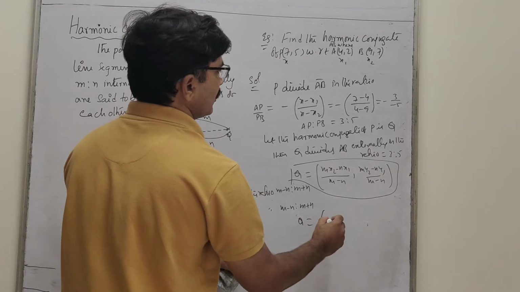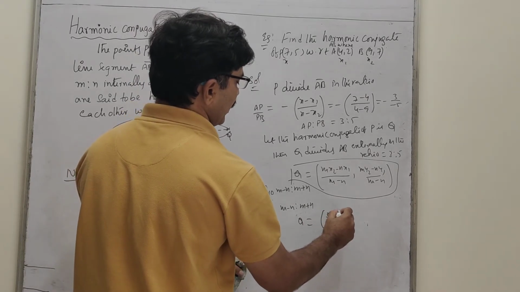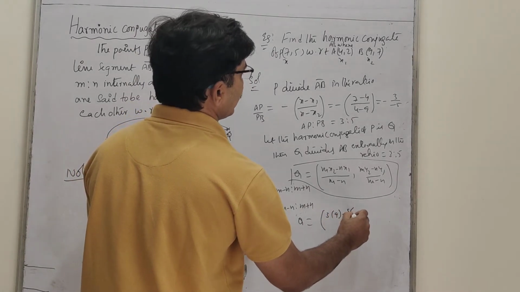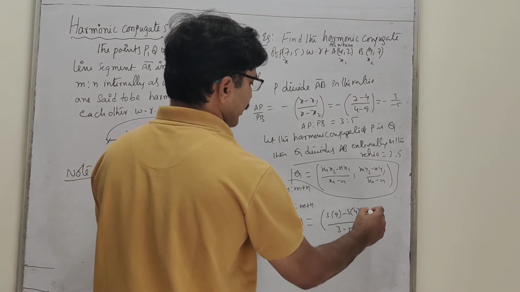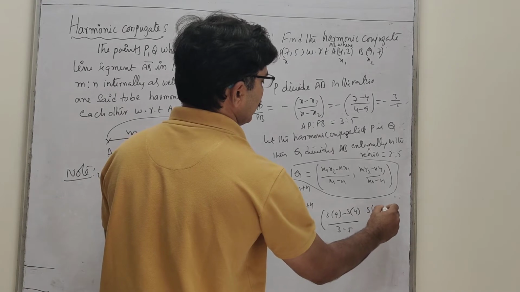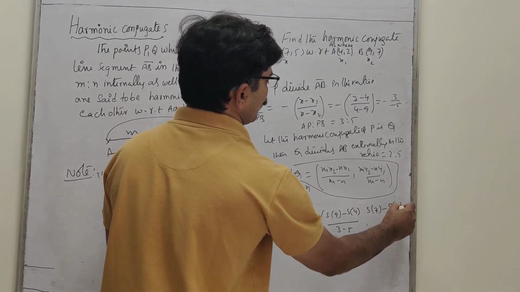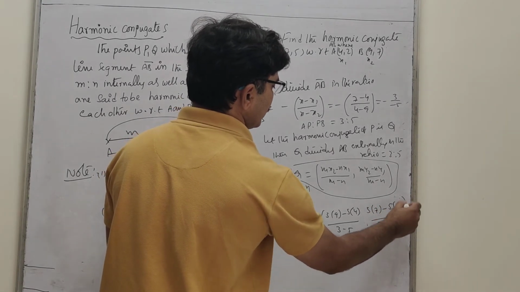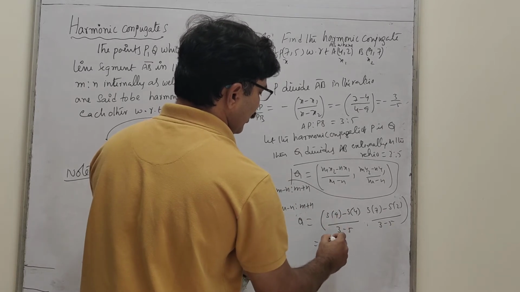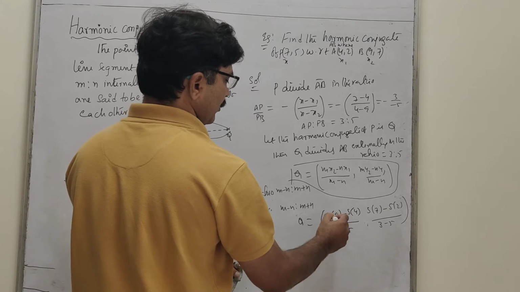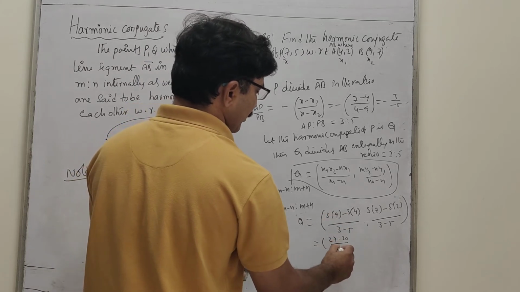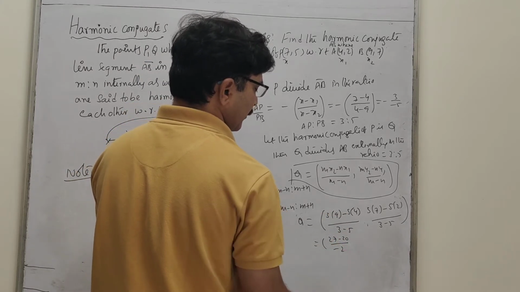So 3 into 9 minus 5 into 4 divided by 3 minus 5, and 3 into 7 minus 5 into 2 divided by 3 minus 5. Now you see here, 27 minus 20 divided by minus 2 you are getting here.